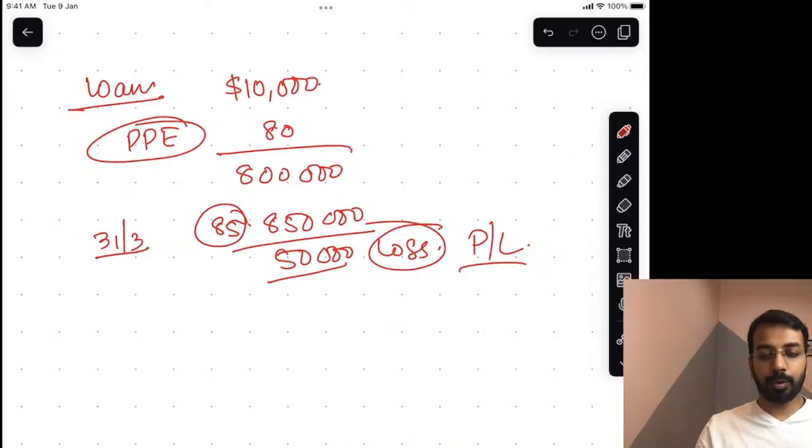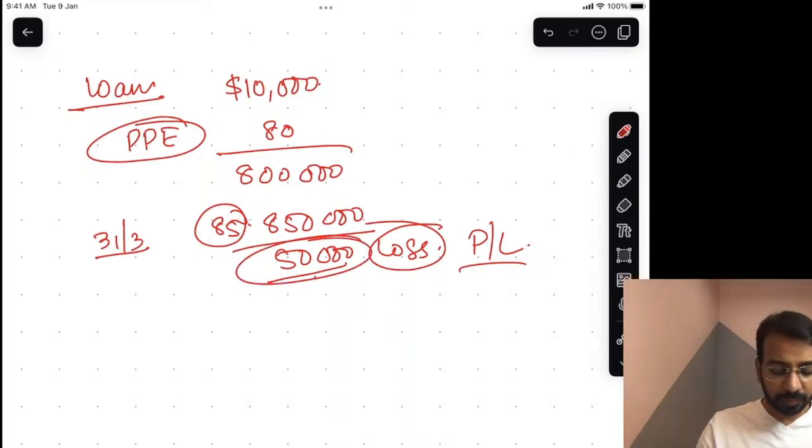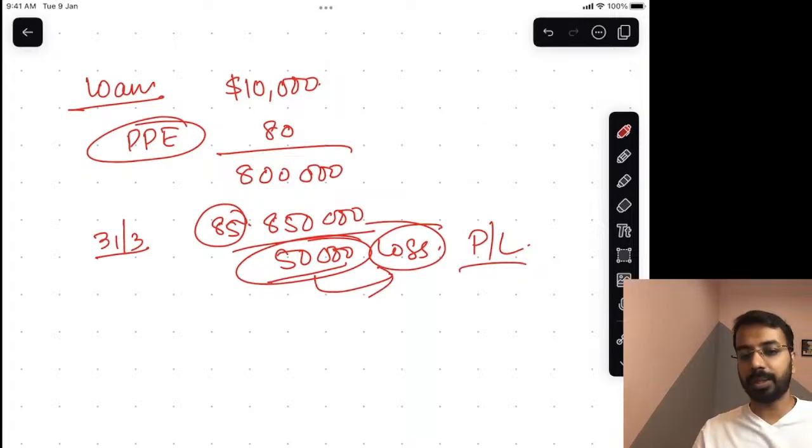Now during the 2008, 9, 10 time, when there was a lot of volatility in the market, when Lehman Brothers collapsed and all of that, exchange rate fluctuation was very heavy, and entities took all of this amount as loss in the P&L. Balance sheets and the P&L were looking really bad.